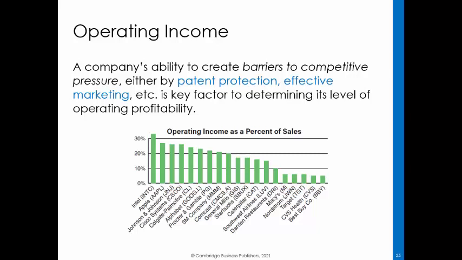A company's ability to create barriers to competitive pressure, either by patent protection, effective marketing, or otherwise, is a key factor in determining their level of profitability. Those that compete in a highly competitive market with little product differentiation must concentrate on controlling operating expenses to offset lower gross profits.